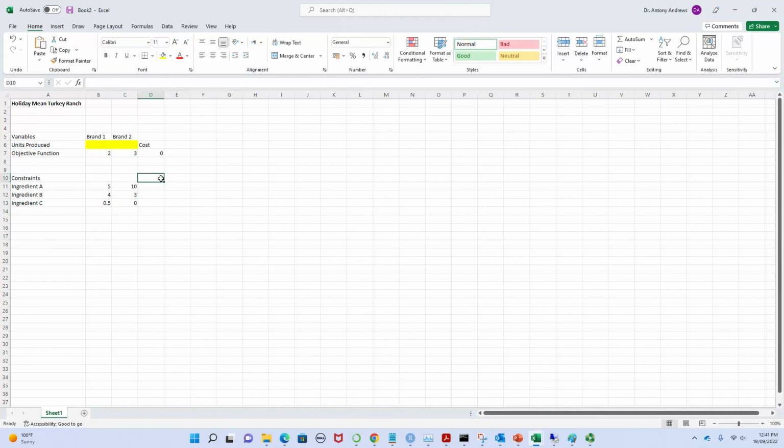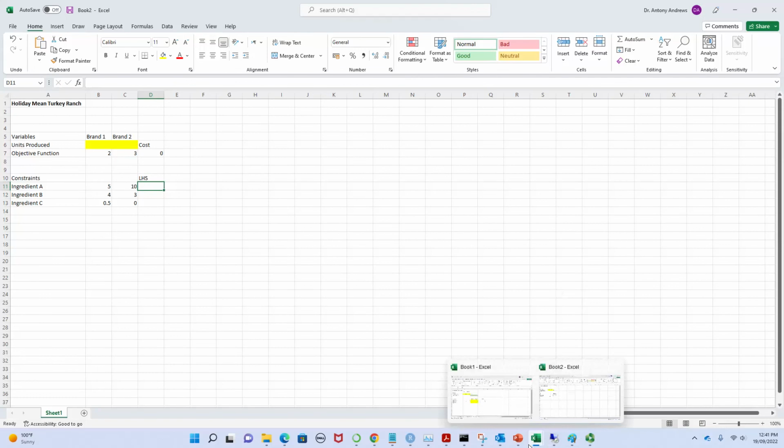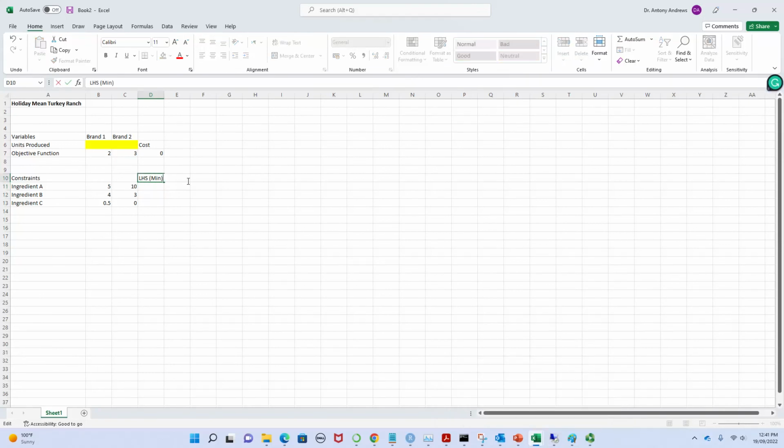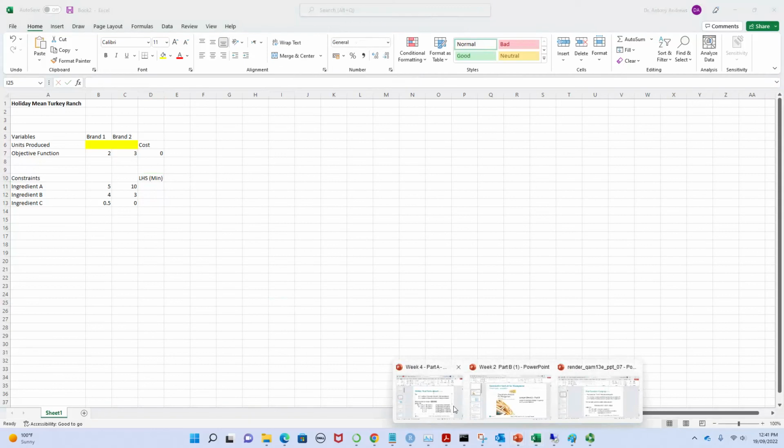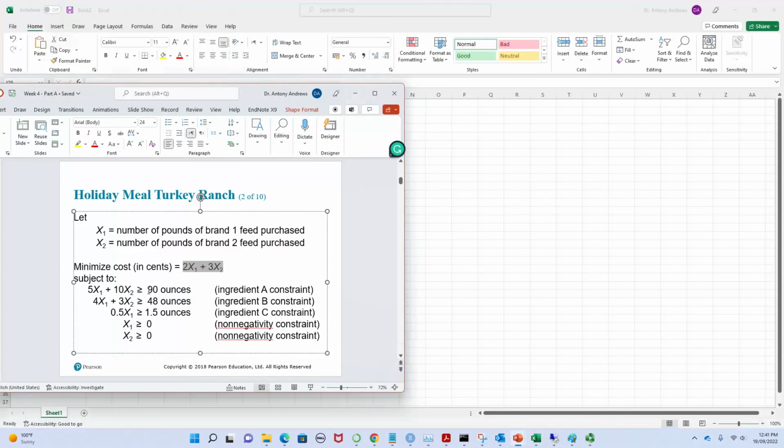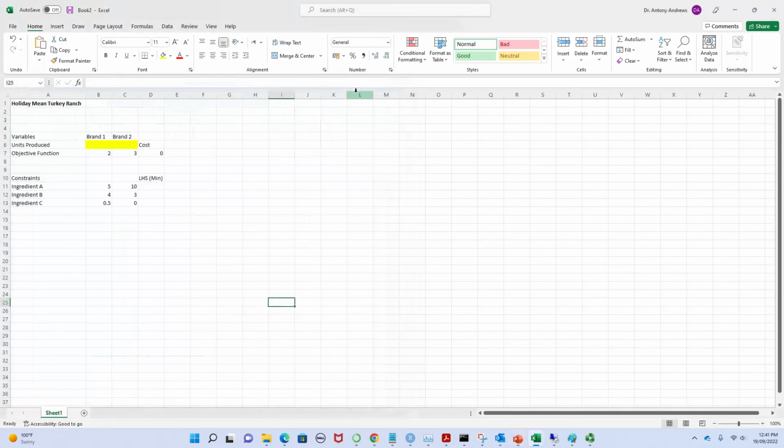And then we have here left hand side, LHS. Now what is our constraint limit here? Not limit, sorry, the minimum that we require. So the minimum I require is 90 for ingredient A, 48 for ingredient B, and 1.5 for ingredient C.